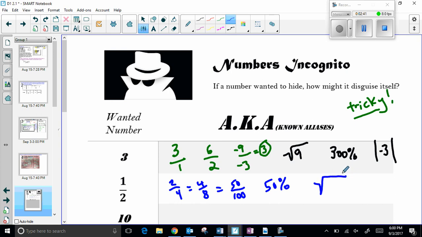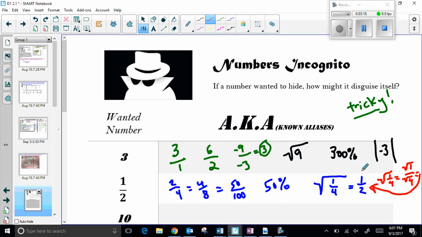The square root of 1/4 is actually going to be 1/2. And if I could, I'll just take a quick moment to explain to you that the square root of 1/4 is really the same as the square root of 1 over the square root of 4. Okay, so watch out for that. Each one of those, you find the square root of them, and it ends up being 1 over 2. Okay, so something to watch out for.